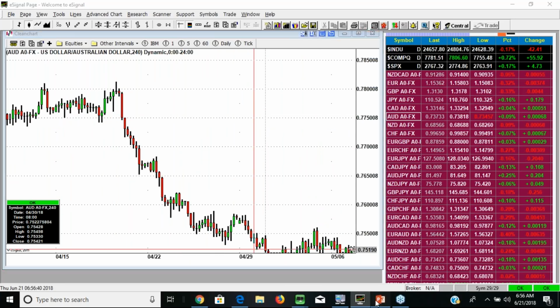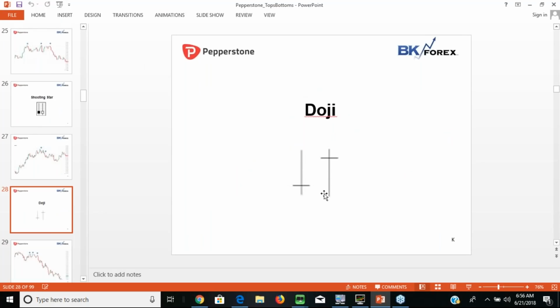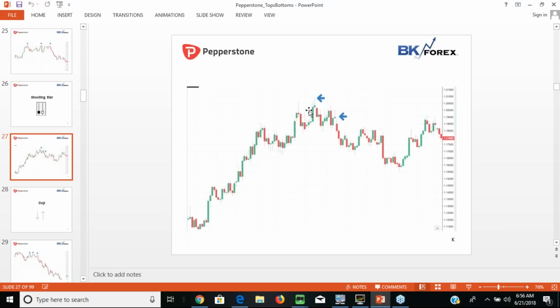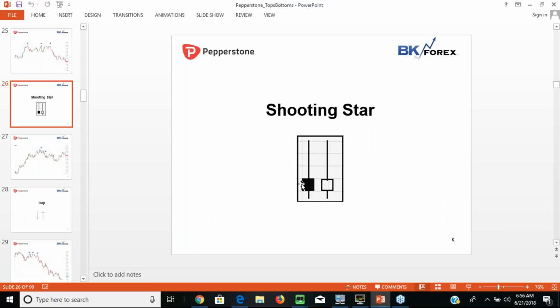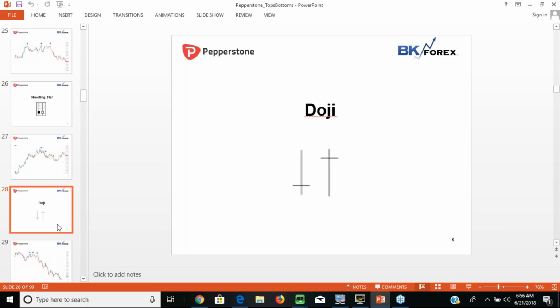A doji is very similar to a shooting star. It's an indecision candle, and unlike the shooting star, which has a body like this, it has a shaded color. The doji is pretty much an unchanged candle, and either way, it's an indecision candle for the currency pair.